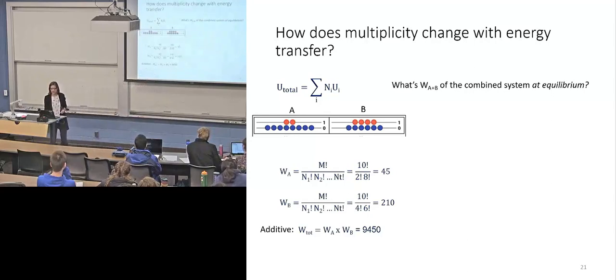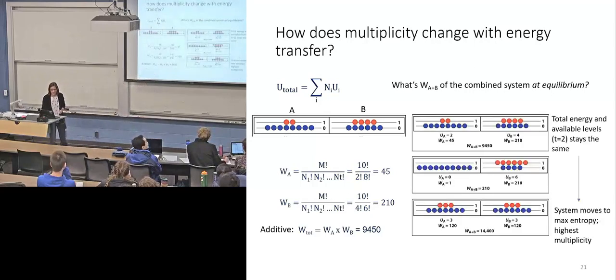Now, if you let enough time go by, they would rearrange themselves in order to maximize multiplicity. Okay? And that's what equilibrium is here. So they could organize themselves something like this. This would actually make multiplicity worse, so it probably wouldn't do this. Okay? So total energy in available levels stays the same.